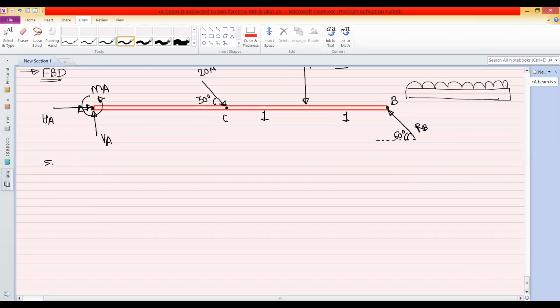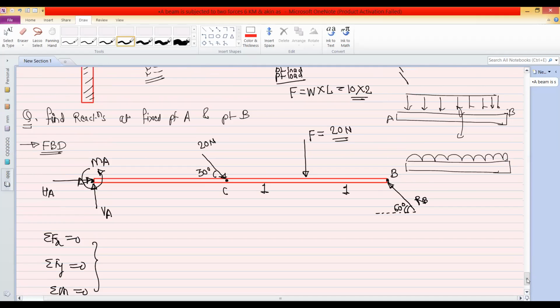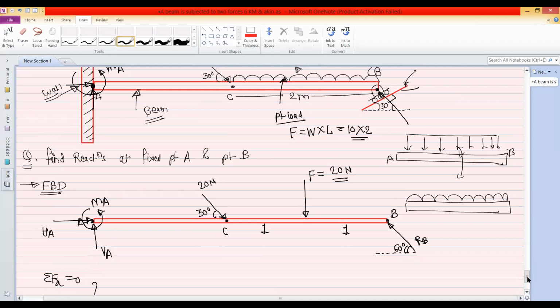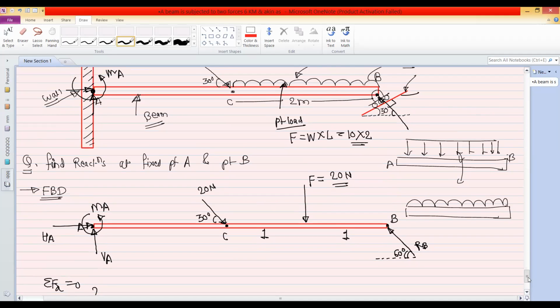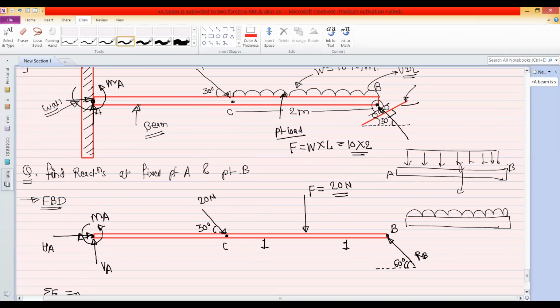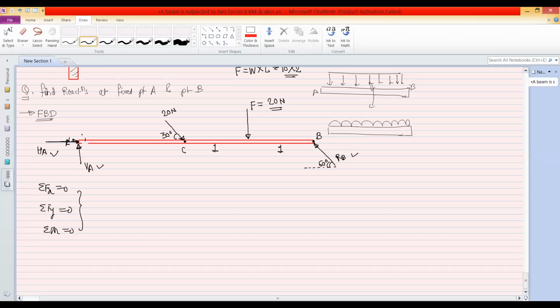One is summation Fx equal to 0, then summation Fy equal to 0, and the third condition is summation of moment equal to 0.